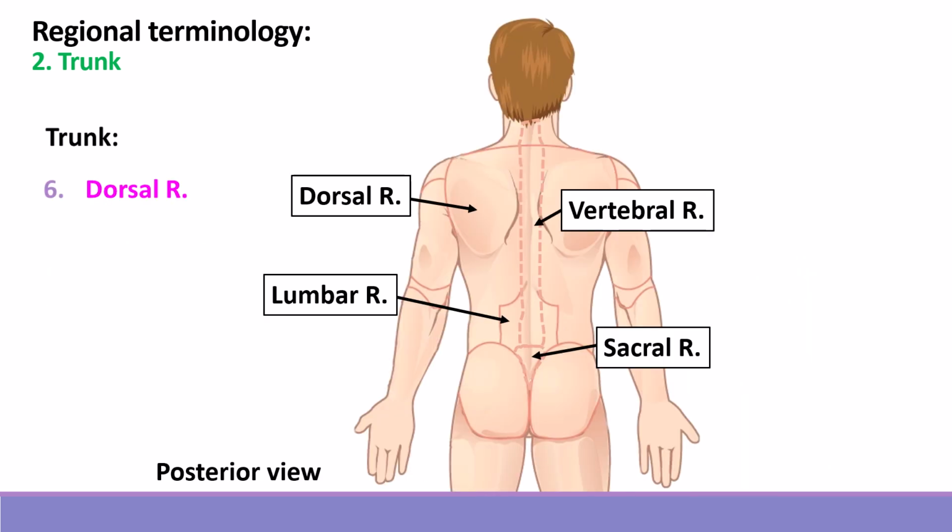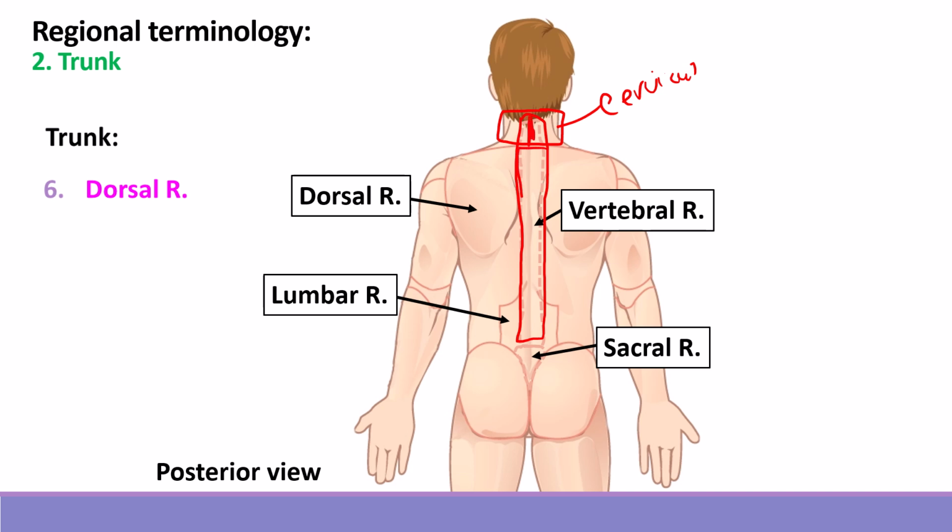In the center of the back and the neck, we have the vertebral region. Vertebral region contains the bones called vertebrae. And the vertebrae have different types. So we have cervical vertebrae, which if you can imagine, and if you remember that this region on the neck is called the cervical region, that means that in the center we have the cervical vertebrae.